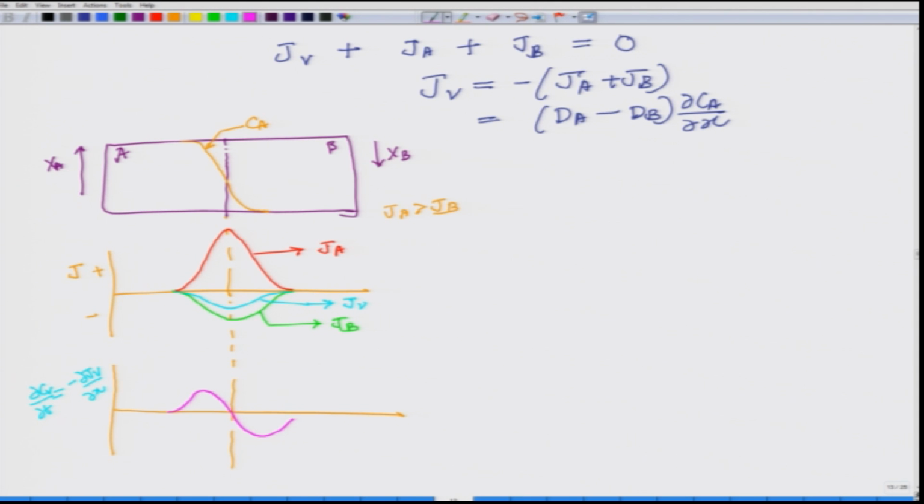So, what does this mean? This means that right now this is still the x axis. So, this means that vacancies are getting accumulated over here.